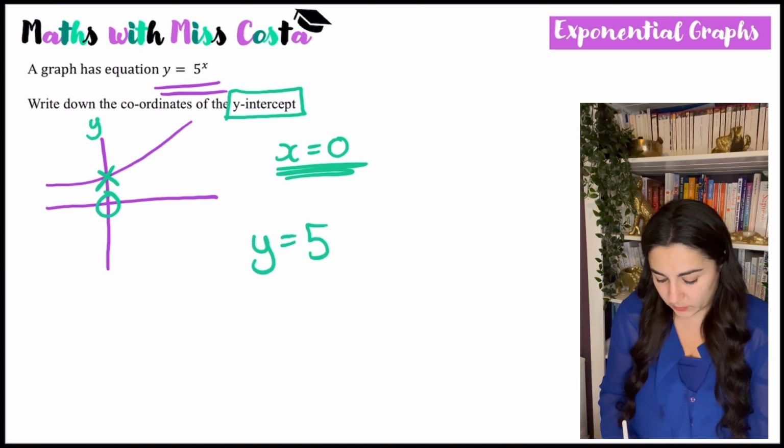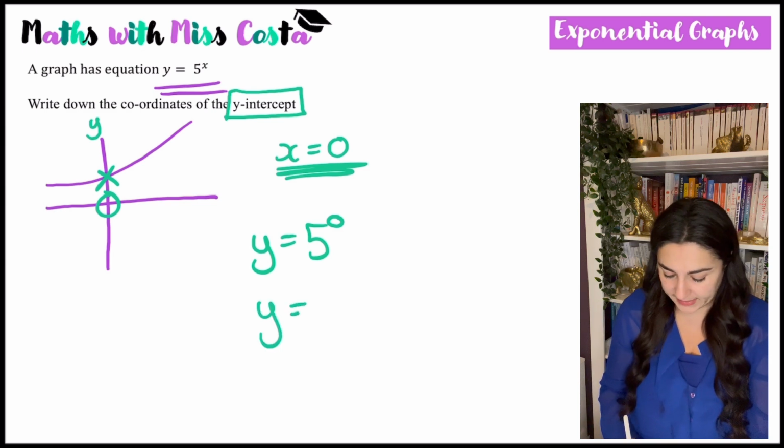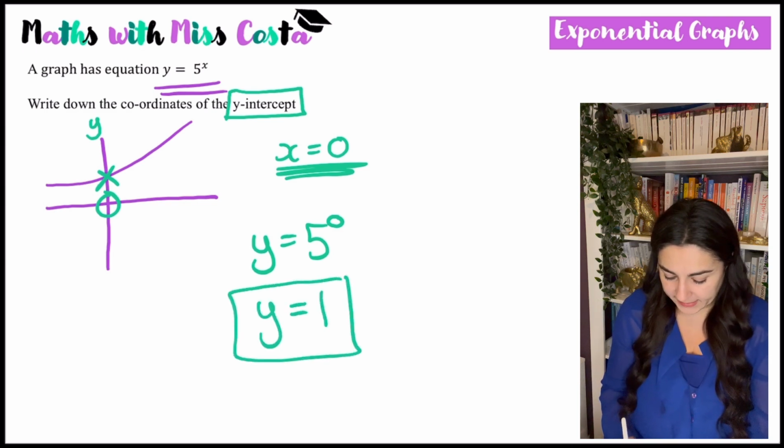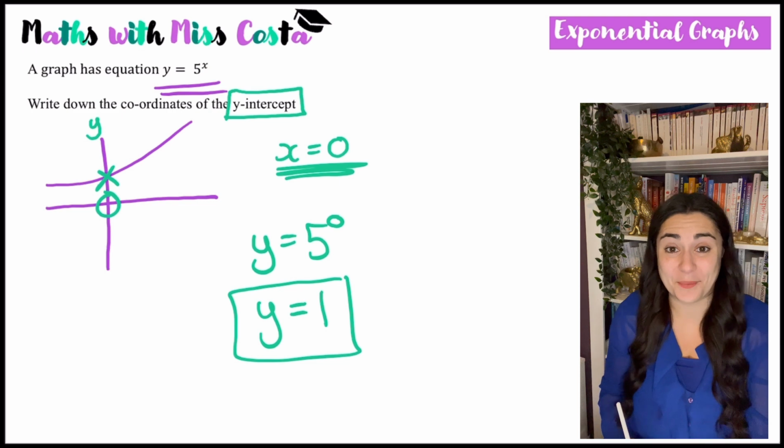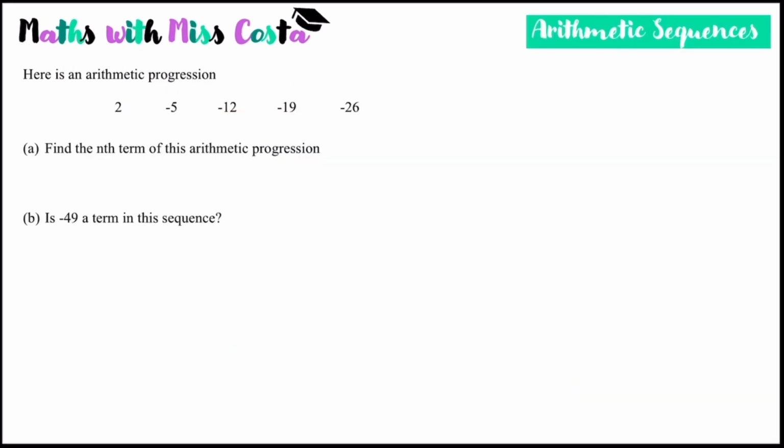So y equals 5 to the power of 0. Well, anything to the power of 0 is 1, so y must equal 1, and that's how we do that.